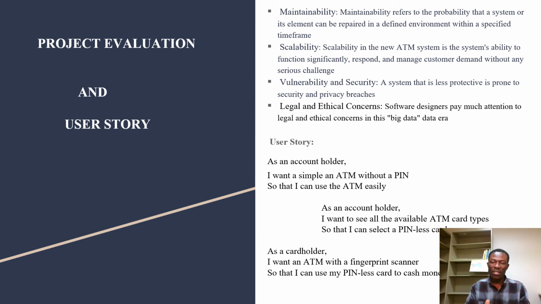Once the project starts, it is binding. You cannot just go ahead and break the agreement. That is why we have legal and ethical issues. On the ethical side, once the system gets customer information, the information is going to be used solely for transactions. Anything else is against privacy, which is unethical.